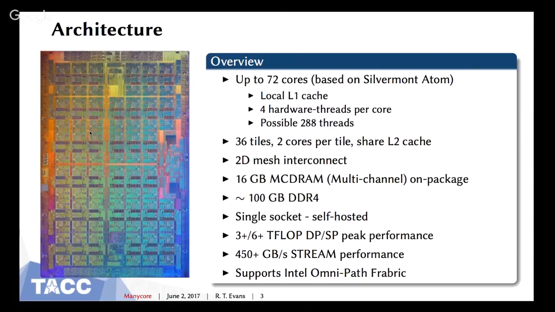The peak performance is 3 teraflops for double precision, 6 teraflops for single. And one of the important things is this high-speed memory, this MC-DRAM, gives you a stream performance of over 450 gigabytes. Stream is a commonly used memory bandwidth test, at least commonly used in the HPC industry, to see how quickly you can load data into the processor.